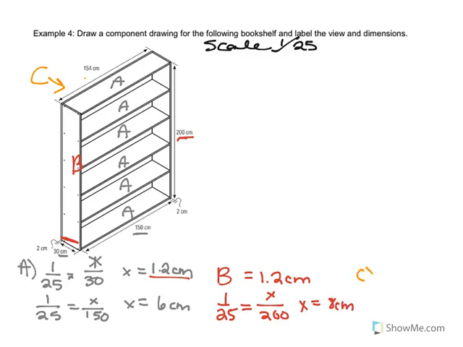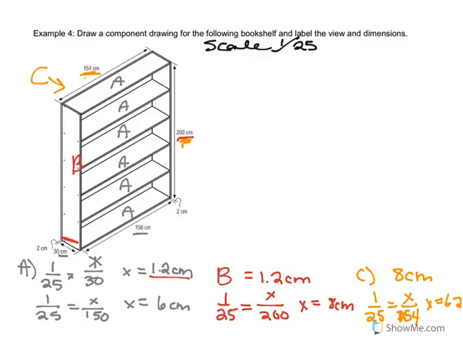And our last one, side C, is 154 by 200. So we already got 200. So it's going to be 8 centimeters. And now we'll convert the 154. So 1 over 25 equals x over 154. And the other dimension will be 6.2.